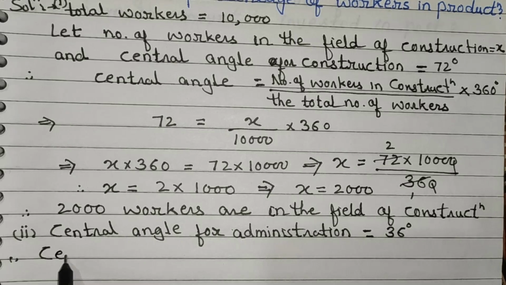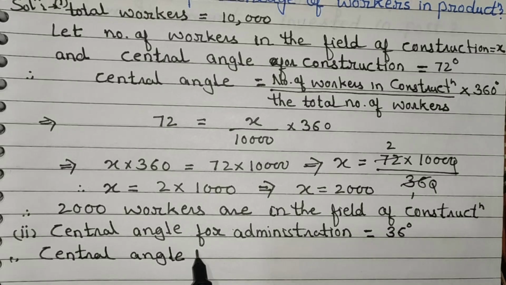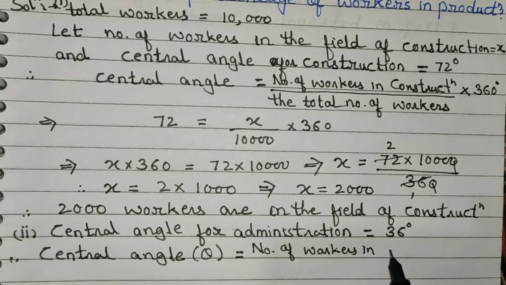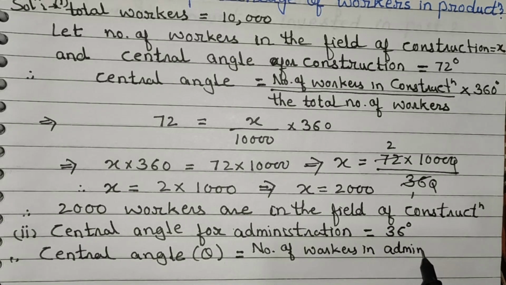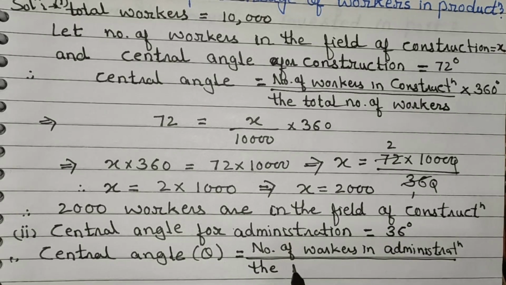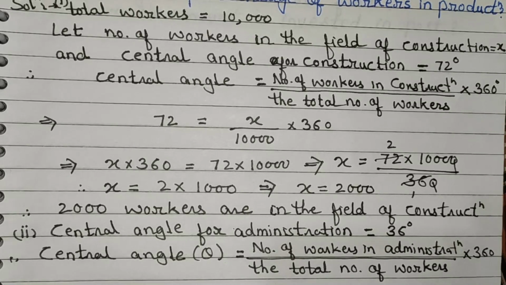Therefore write down here, central angle for administration is equal to number of workers in administration divided by the total number of workers multiplied by 360.